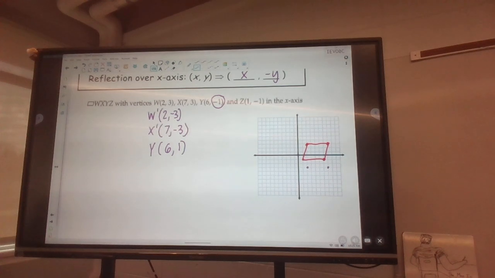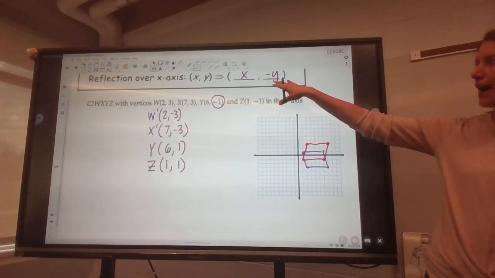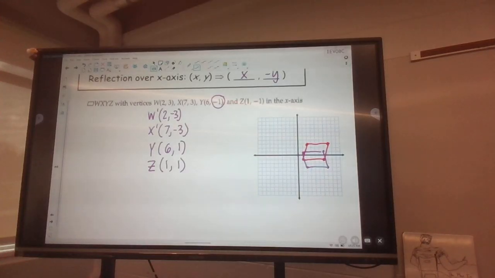It's going to flip over that axis. And so being comfortable with that rule, that idea that it's going to flip over the axis, this might be a good thing to be aware of.